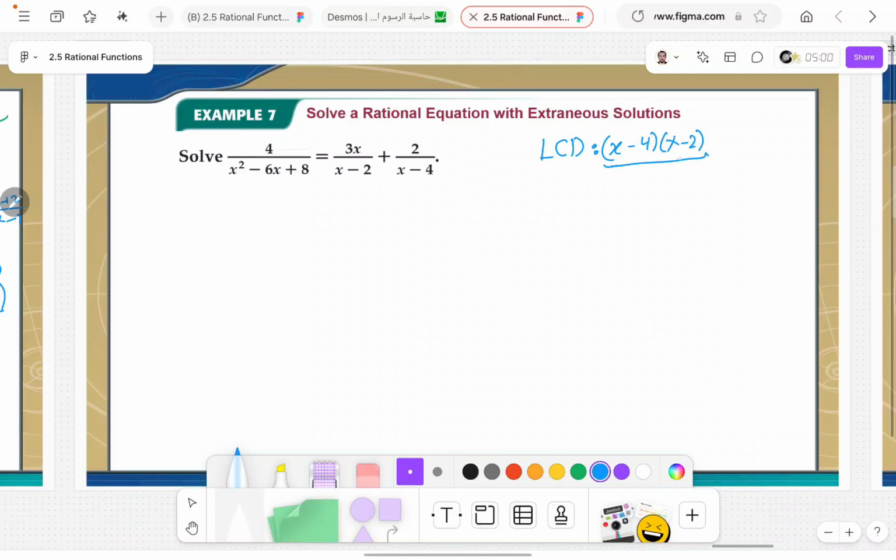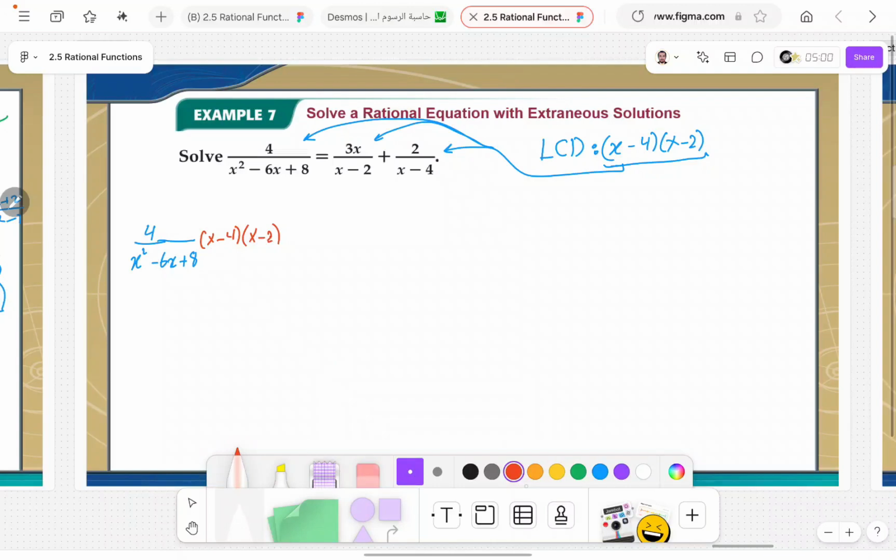Let's multiply this least common denominator with this term, this term, and this term here. So the first one, 4x squared minus 6x plus 8, multiplied with x minus 4 and x minus 2.